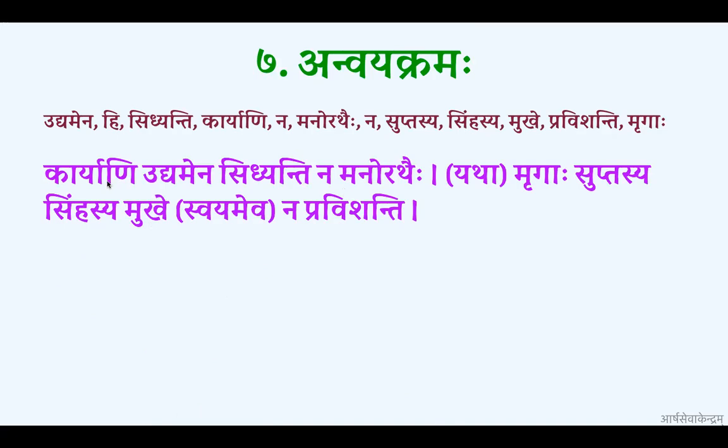So karyani udyamena siddhyanti na manorathaihi. Yatha is something we are adding just to help us understand the meaning better, and that's why we put it in brackets. Yatha, just as, mrugaah suptasya simhasya mukhe na pravishanti. Swayameva, again, he added to help us understand the meaning. That's why we put it in brackets.